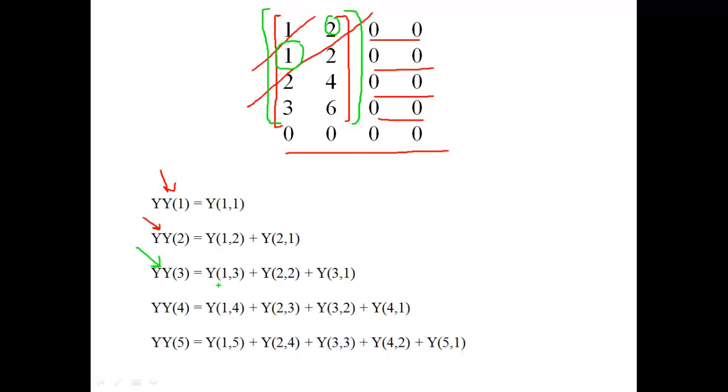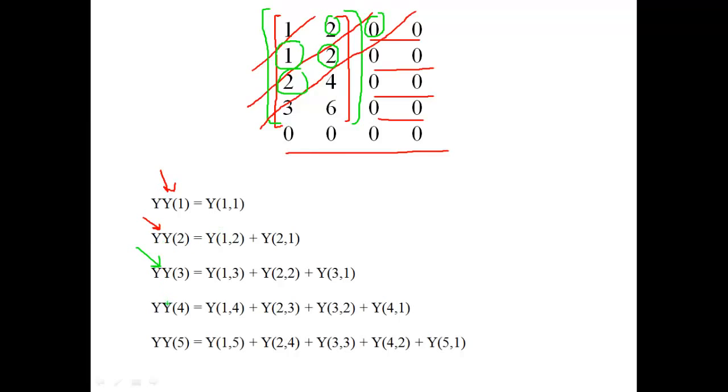The diagonal that we are considering is this diagonal: y of 1 comma 3, y of 2 comma 2, y of 3 comma 1, and so on. You can see the pattern forming.